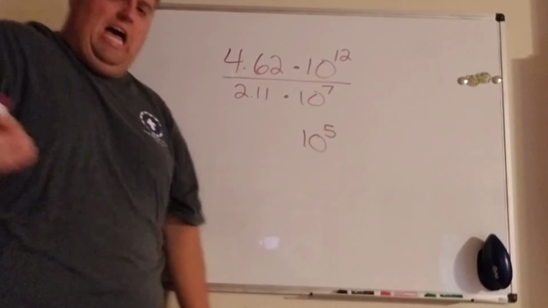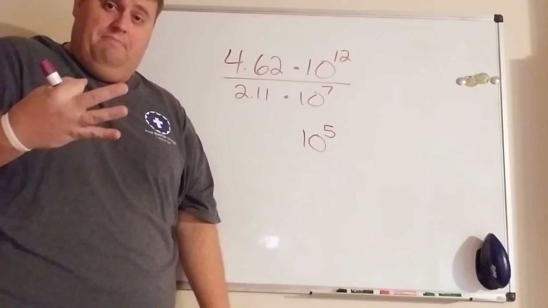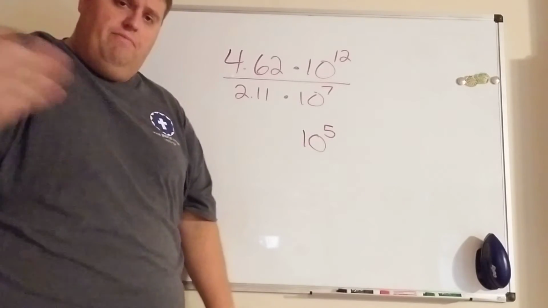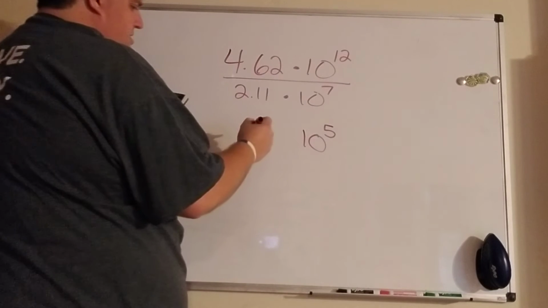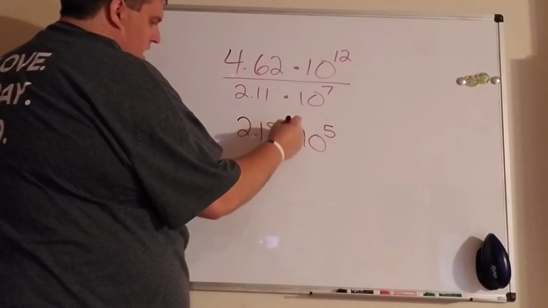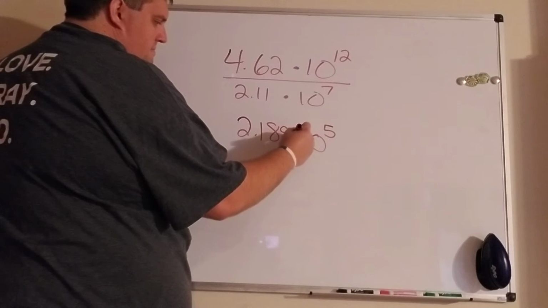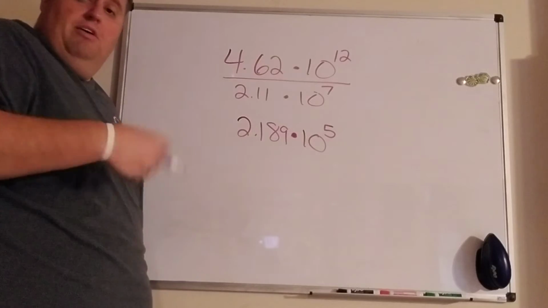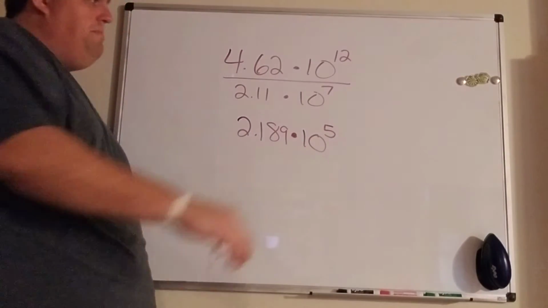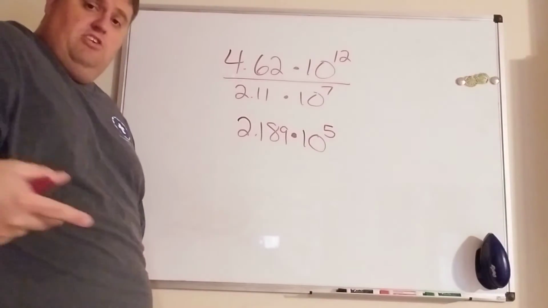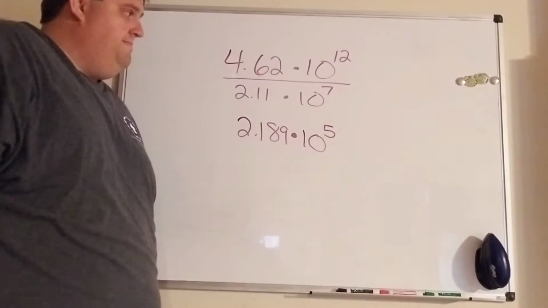I will tell you guys, let's go to at least 3 decimal places, and then you can cut it off or round it from there, however you'd like to do that. So I got 2.189 times 10 to the 5th. So if I divide those two very, very large numbers, I'm going to get this number. And it's really easy to do in scientific notation because we can use our exponent rules.